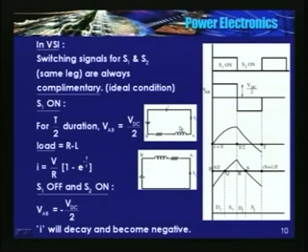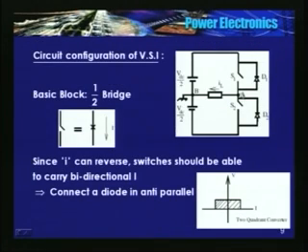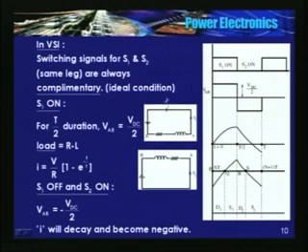See in this figure, when S1 is on, point A gets connected to the positive of the battery. This is the equivalent circuit. Voltage applied to the load is positive VDC by 2, because with respect to B, point A is at higher potential.